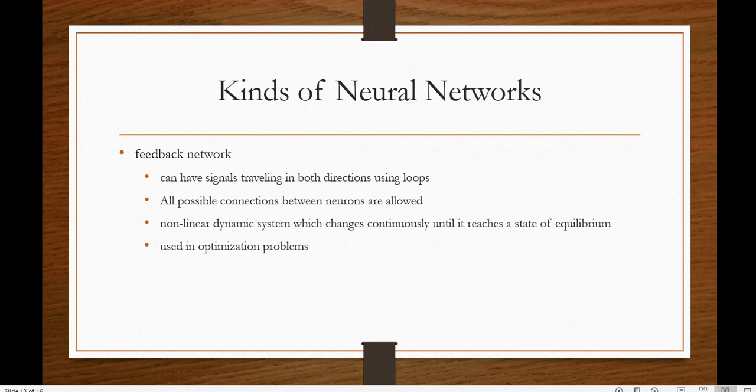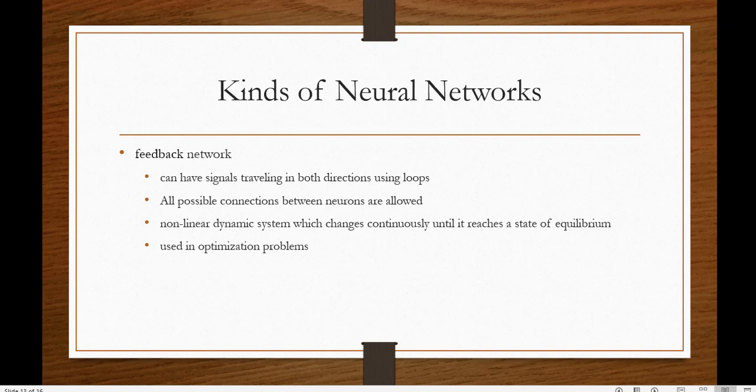Here we have signals traveling in both directions using loops. All possible connections between neurons are allowed, means it's not only from left to right, but it is possible that the signal is sent back, from hidden layer 2 to hidden layer 1, or from output layer to hidden layer 2. This type of communication is possible in a feedback network.